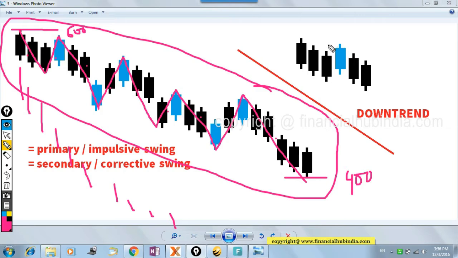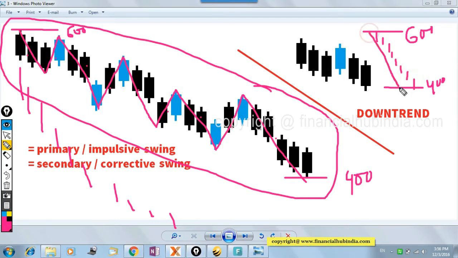The scenario could be, right from 600 to 400, let's say this is 600 and this is 400, and the scenario could be this also, isn't it? A plain straight line also, right? But that is not the scenario here. But this straight line is the scenario internally.